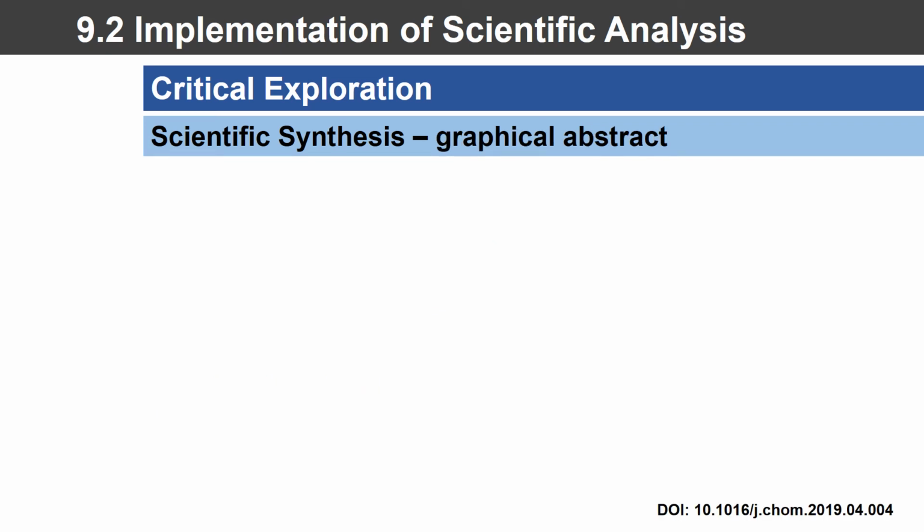Okay, so behold an example, and again I've given you the reference down at the bottom with the DOI value, of a graphical abstract as a means of scientific synthesis and communication. And one of the reasons we want to have you do all of these different components of the scientific process throughout this class, including this one, is so that you begin to realize strengths you may have and weaknesses.